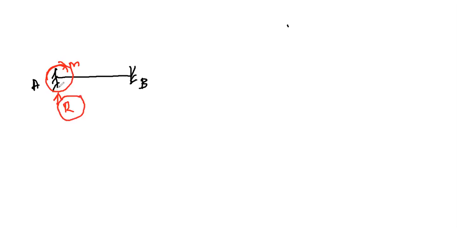If I remove the support, the moment carrying capacity of the beam will also get affected. So I am going to introduce one hinge at support A, so that support A behaves as a hinge. The reaction at the point will be removed, but the moment carrying capacity will not get influenced.